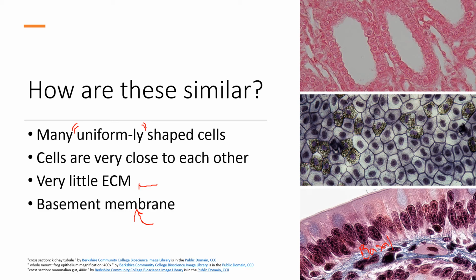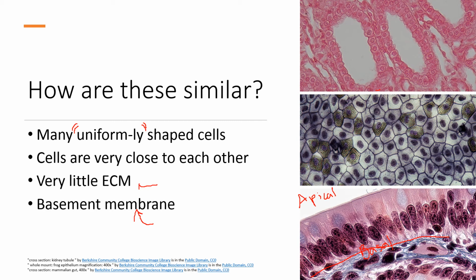That means the bottom of the cell. So on this particular figure at the bottom right, the basal side of the cell is the one that's sitting on top of the basement membrane. The opposite side is called apical, A-P-I-C-A-L. That's the top side of the cell, and it's usually the free side that's not facing other tissues immediately.